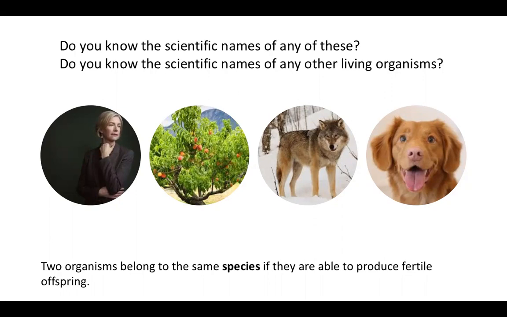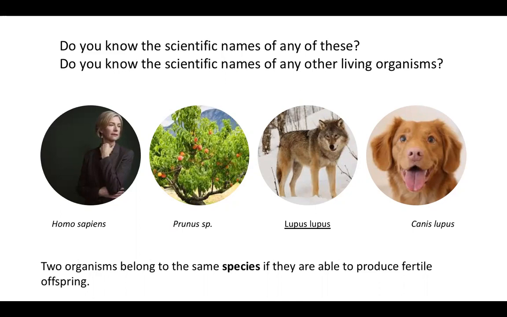Okay, so when we talk about species, we're aware that there are lots of different types of living organisms, lots of different species of organisms. So we're going to talk about how we actually classify animals as a specific species. So you might know the scientific names of some of these organisms. If we look at them, Homo sapiens, that's ours.